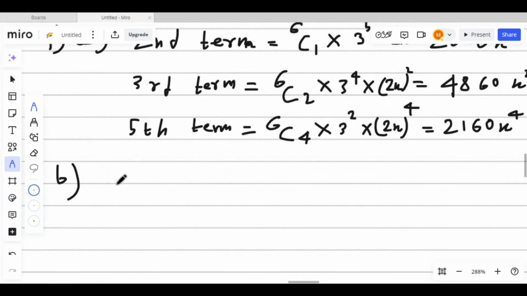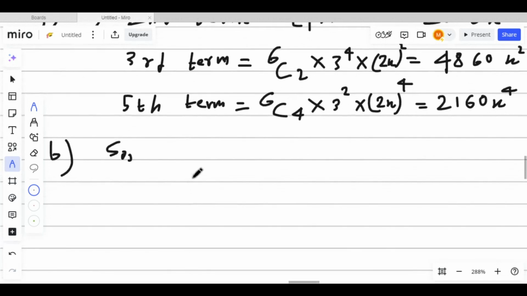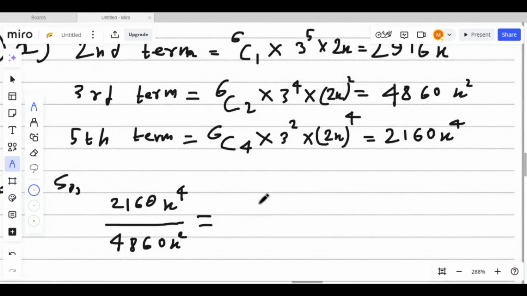That means we can write the fifth term, 2160x to the power 4, over the third term, 4860x squared, would be equal to the ratio of the third and the first term.